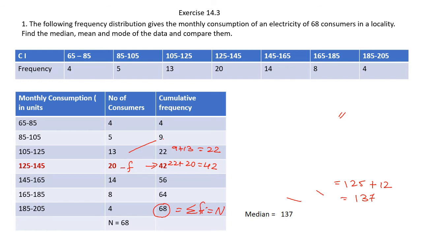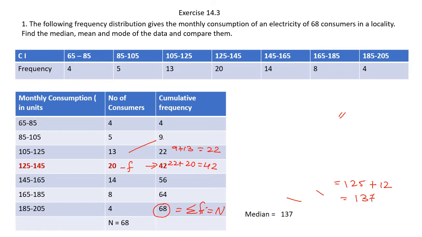Less than 145, that is 22 plus 20, which gives 42. Less than 165, 42 plus 14, that is 56. Less than 185, that is 56 plus 8, that is 64. Less than 205, that is 64 plus 4, which gives 68. So this 68 is nothing but summation Fi, or we can say the total n.